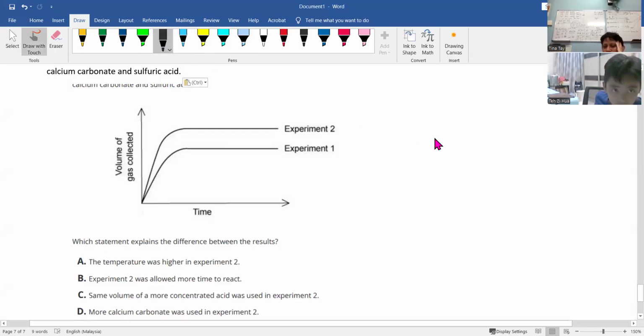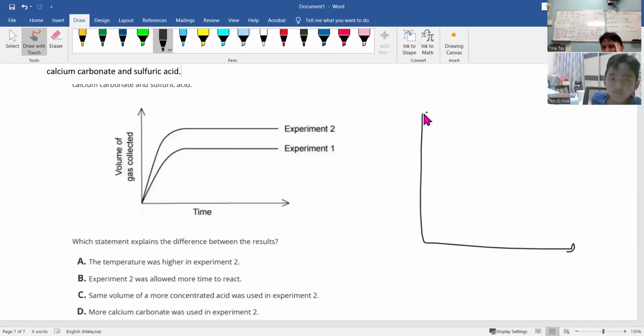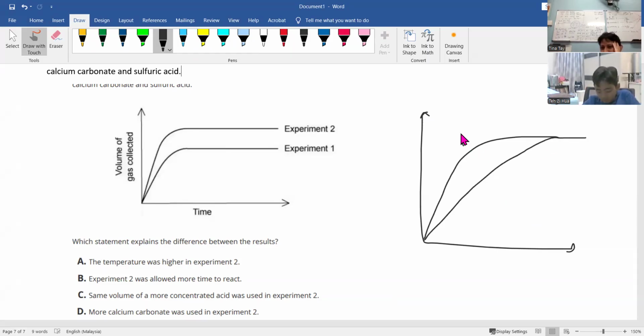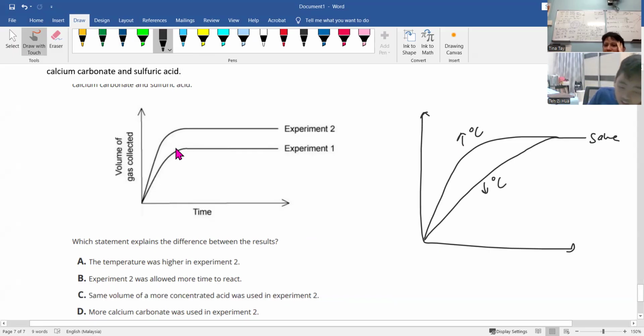So, more calcium carbonate was used. Wait, this is high temperature, this is low temperature. You will get the same total. More calcium carbonate was used in experiment 2, but it doesn't make it faster.